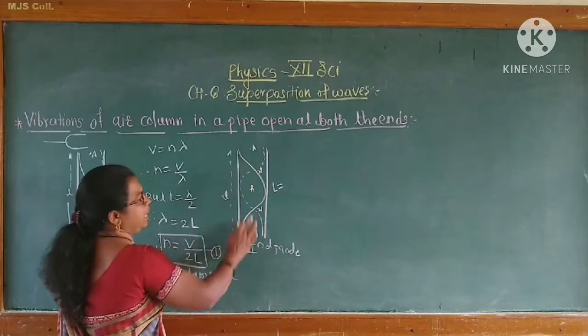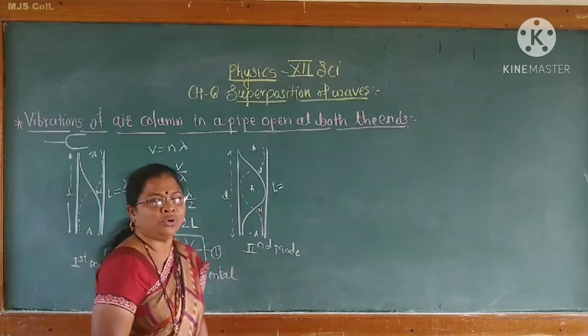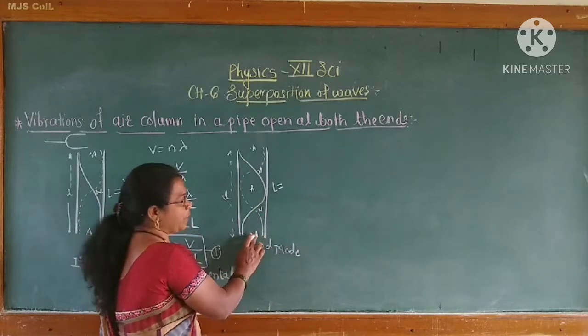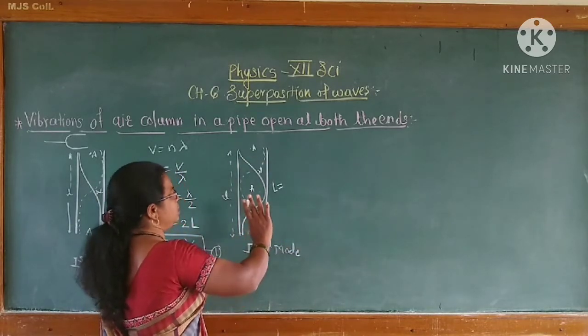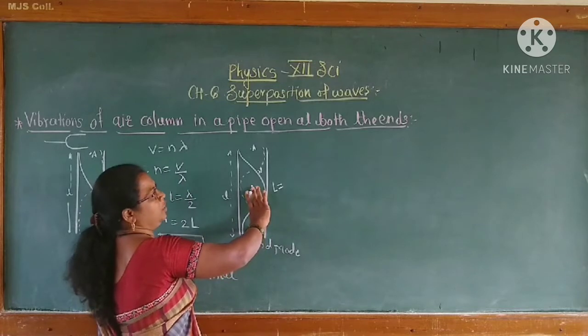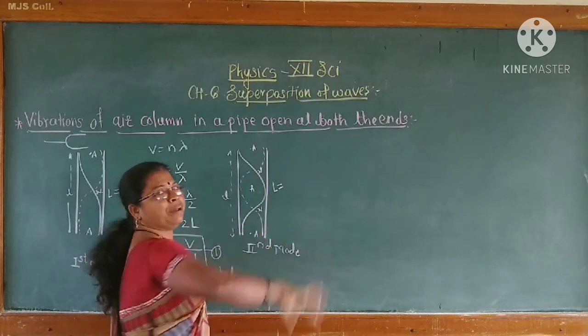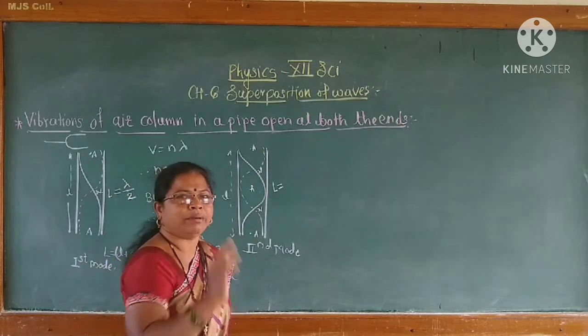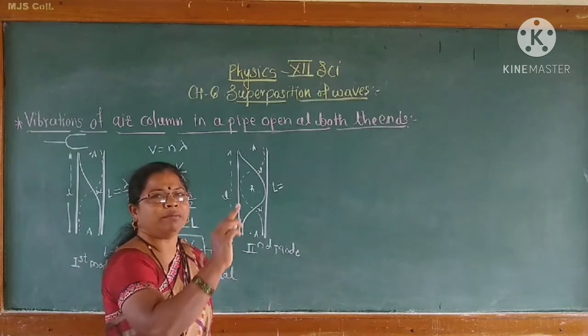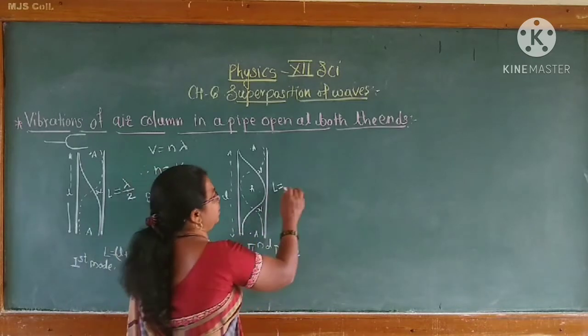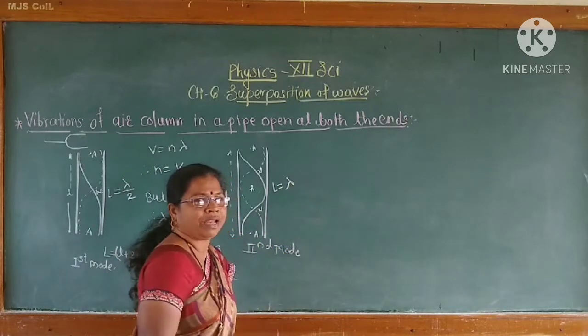What is the length of this air column? Antinode to antinode is lambda by 2, and once again antinode to antinode is lambda by 2. That means lambda by 2 plus lambda by 2, that is 2 lambda by 2, the 2s cancel. Therefore, L is equal to lambda.